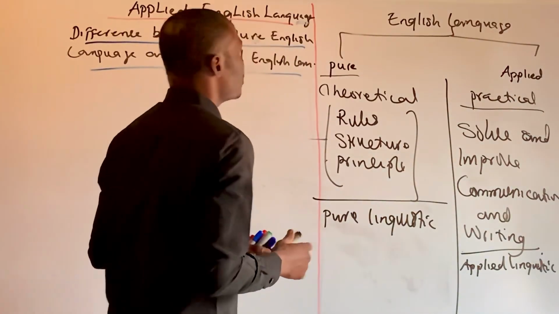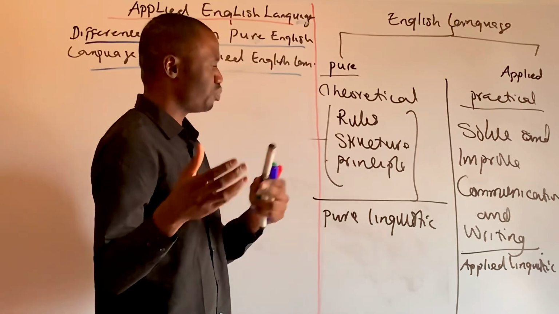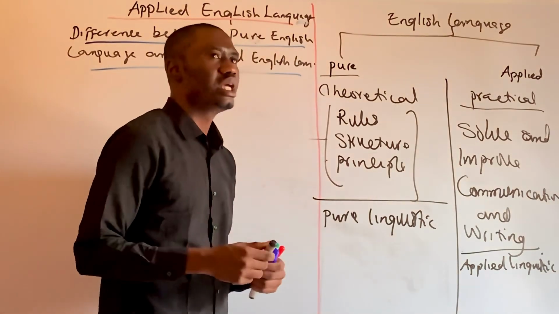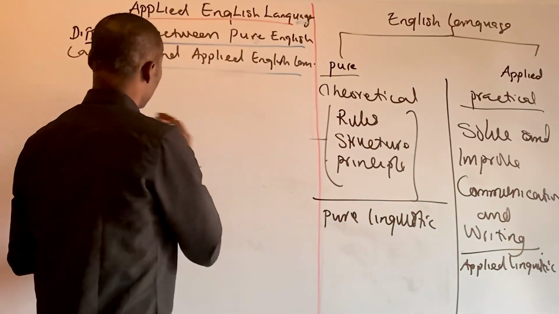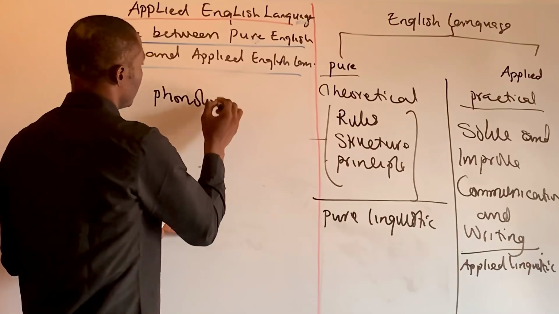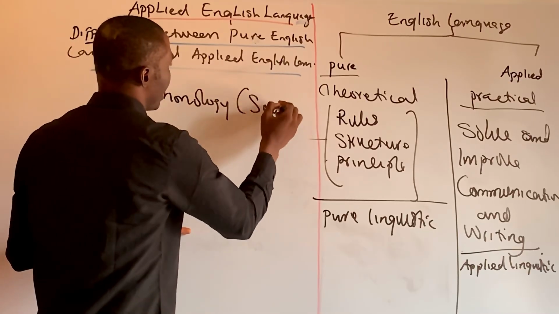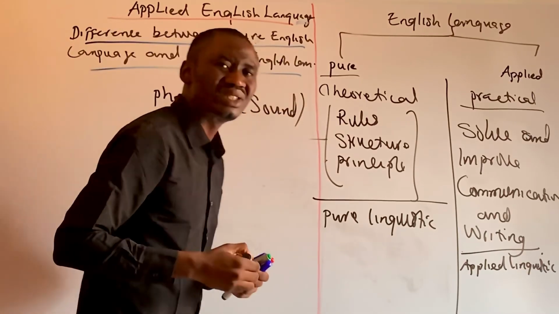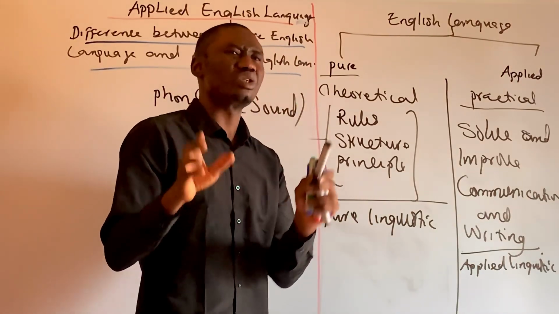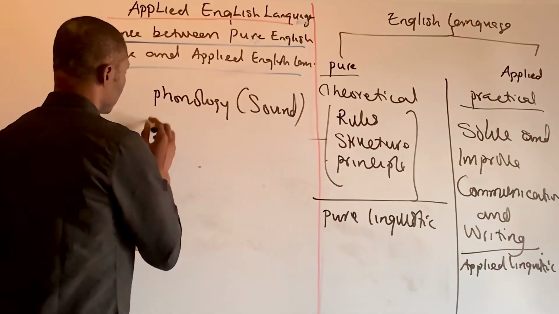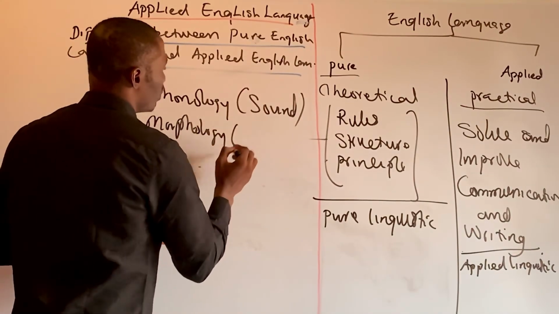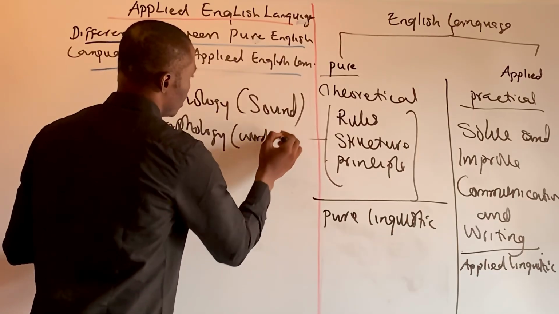Now, if you want to talk about areas of concentration of pure linguistic, you talk about the sound. When we talk about the sound, we're talking about phonology, which is concerned with the sound. We'll talk about morphology, which is the word structure.